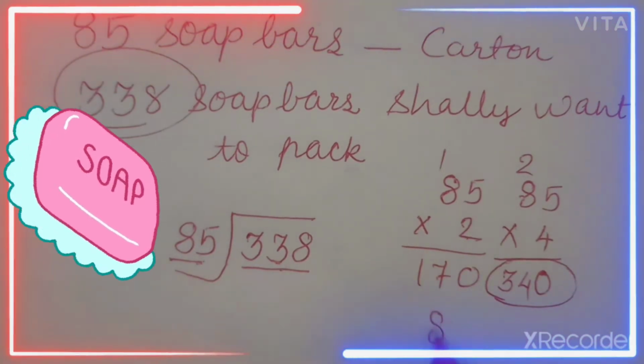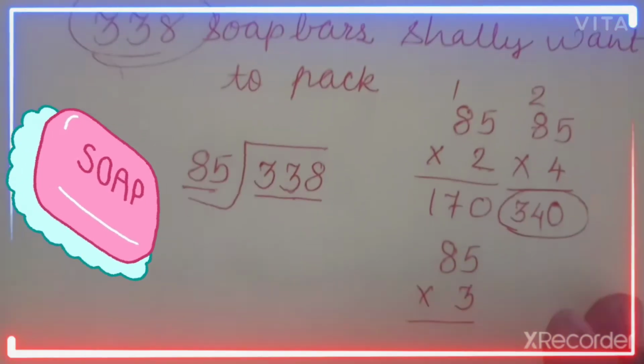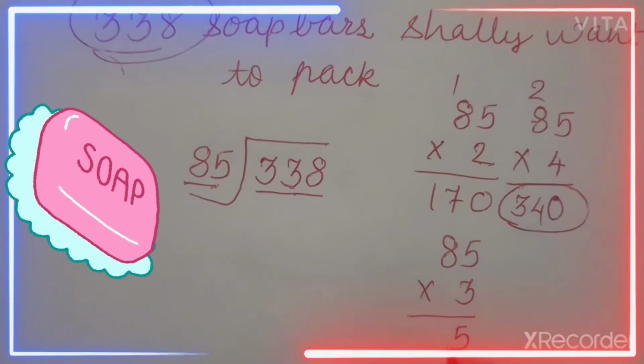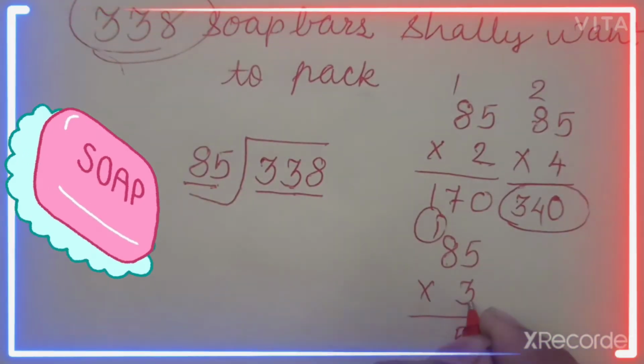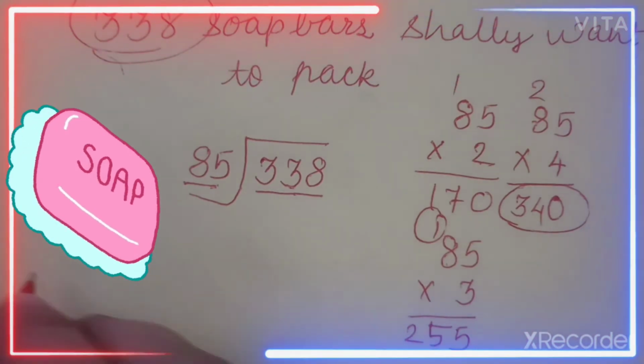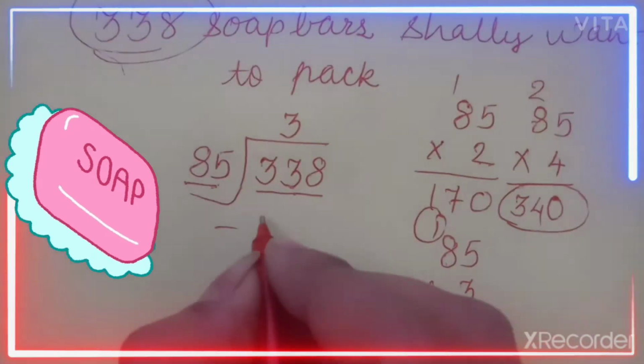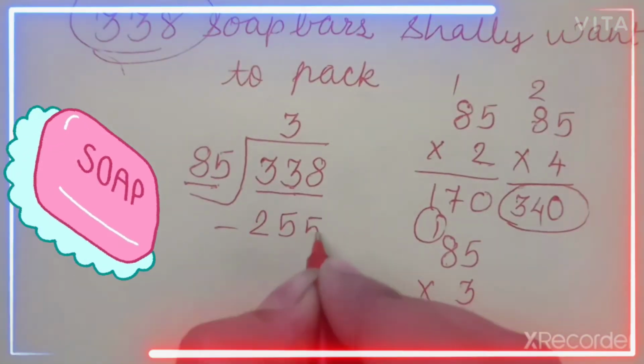So we have to take 85 into 3. 5 into 3, 15. 1 carry over. 8 into 3, 24. 24 plus 1, 25. Let's take it. 85 into 3, it's 255.